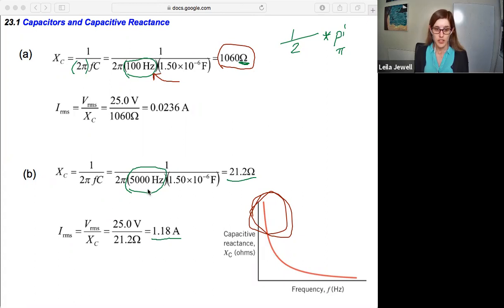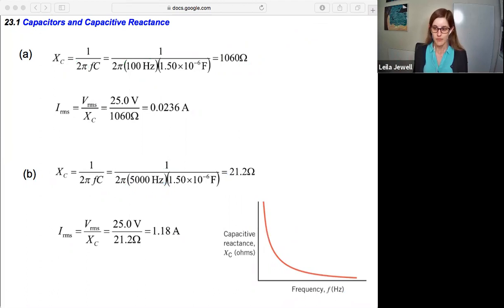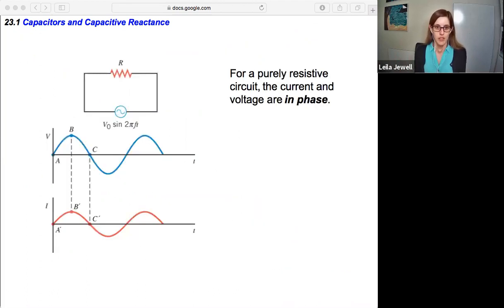In contrast, in part B, we now have a very large frequency. So we've moved to the right on the graph, and as a result, we have a very low capacitive reactance. So we're over here in this region. And if you have less capacitive reactance, you'll get more current, just as we saw with resistors. So that's the first interesting effect of adding a capacitor in an AC circuit.